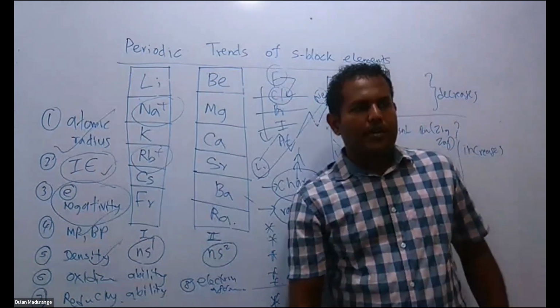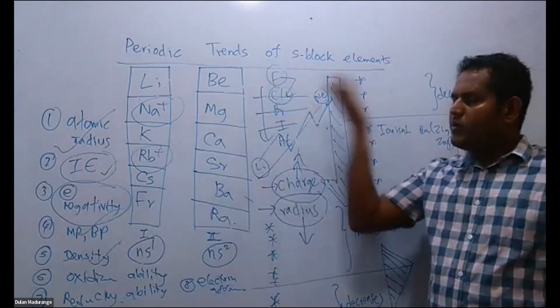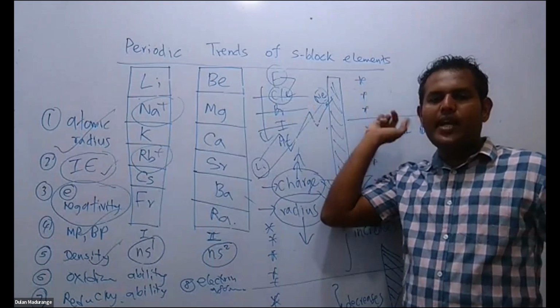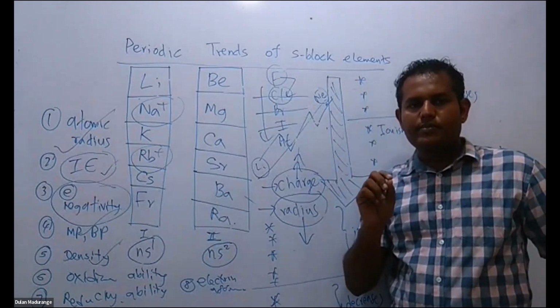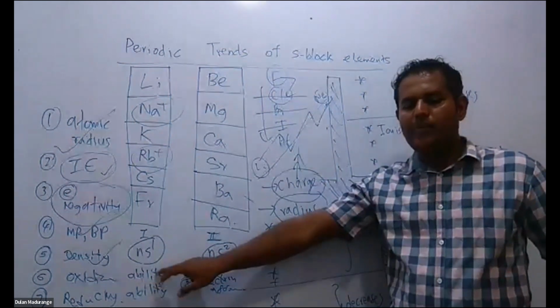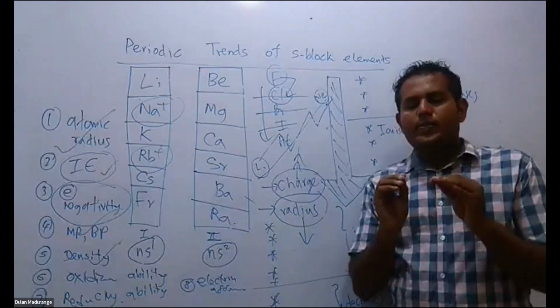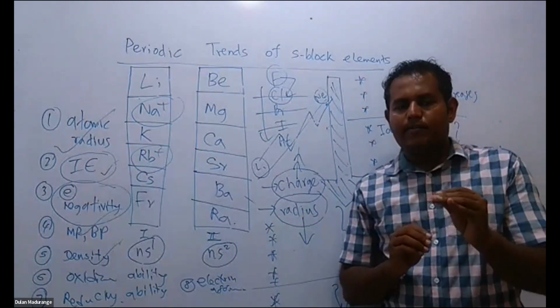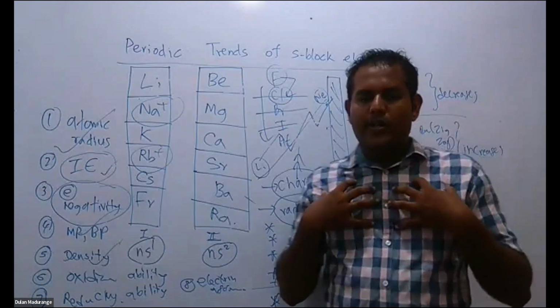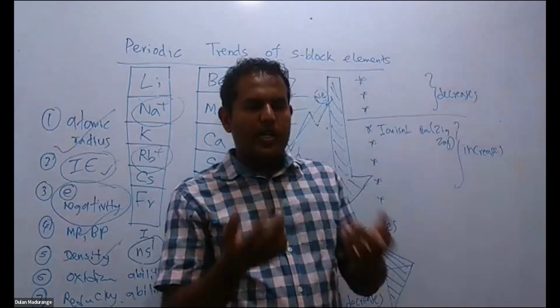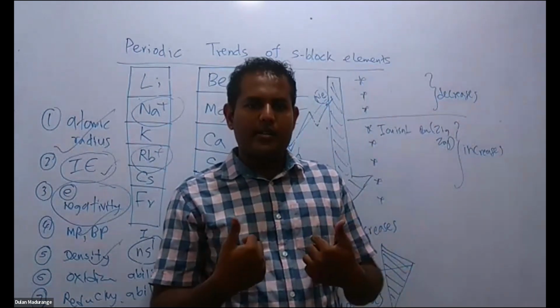So you know, when you are moving this way, fluorine is the species having the highest electronegativity. I'm discussing oxidizing ability. Fluorine is the species that has the highest electronegativity. So just think, I'm fluorine. So I can gain more electrons, isn't it?